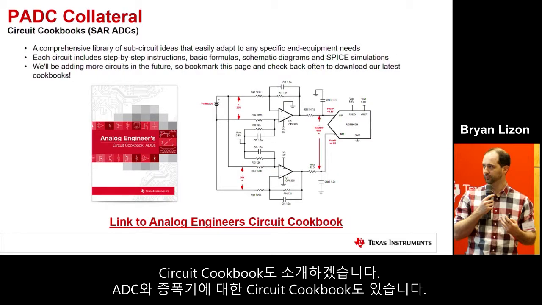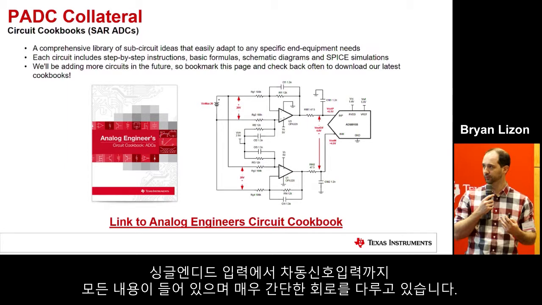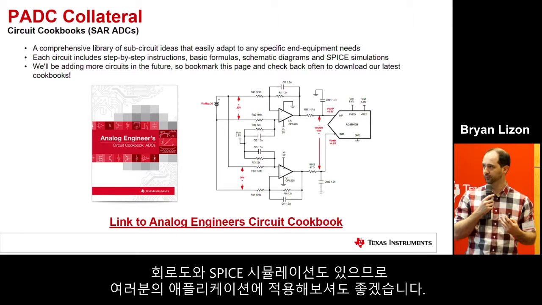We also have these circuit cookbooks, ADC and amplifier circuit cookbooks. These show generic circuits, for example how to convert high voltage to low voltage, like an attenuation stage, or single-ended to differential input. It comes with schematic diagrams and SPICE simulations, and you can take these and apply them to your specific application.